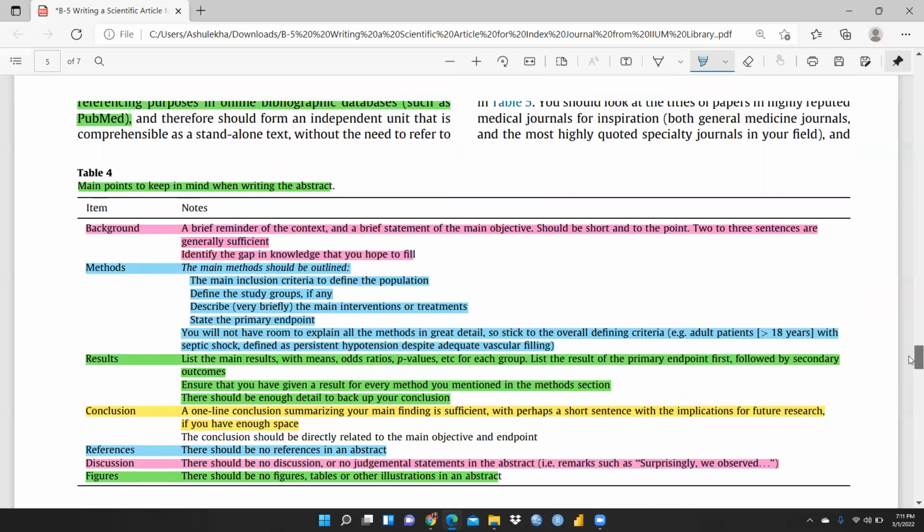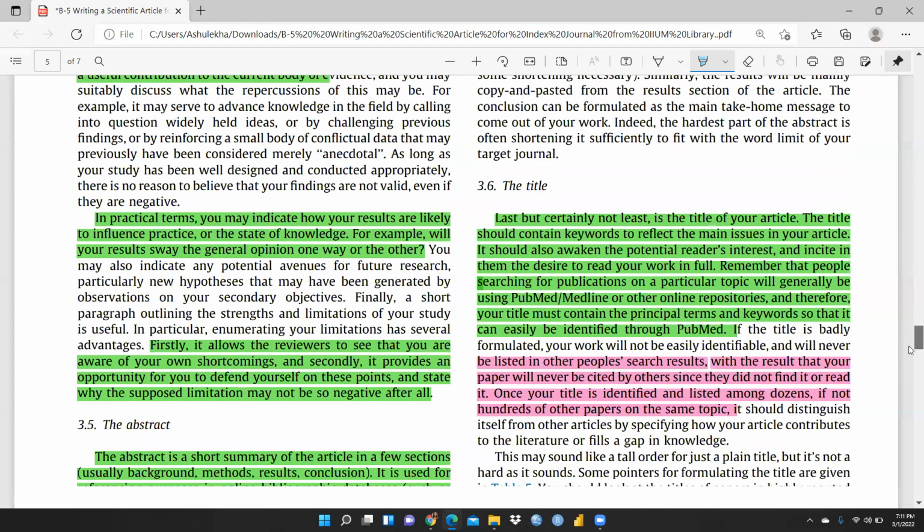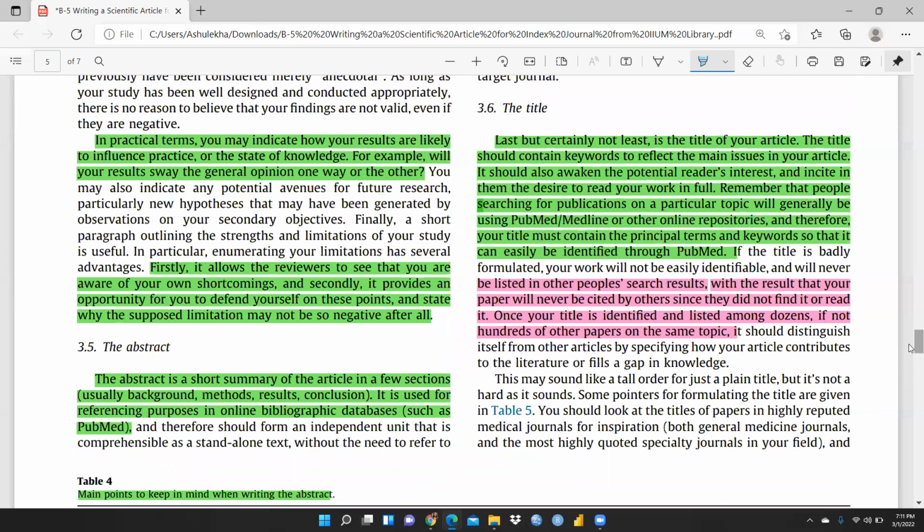After this, the paper focuses on the last part, the title. The title should be very catchy, because whenever researchers are trying to find previous research, if keywords are in your title, that would be reflected in the search, otherwise it will not.